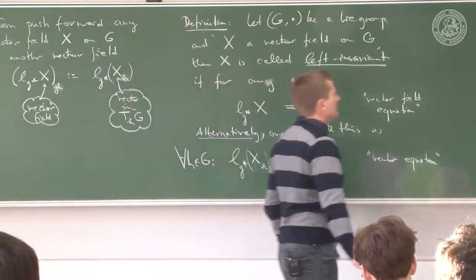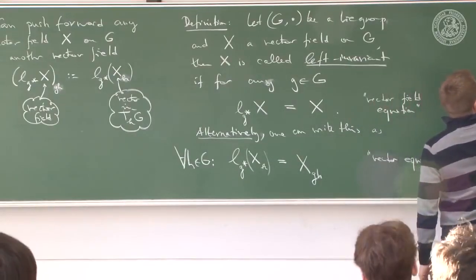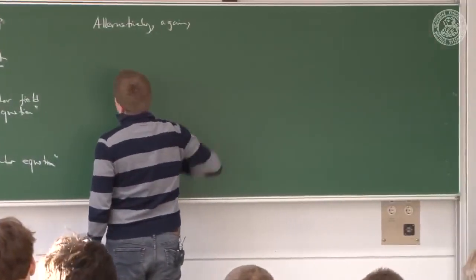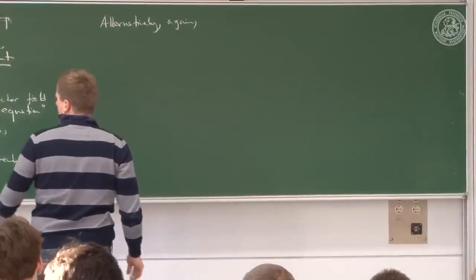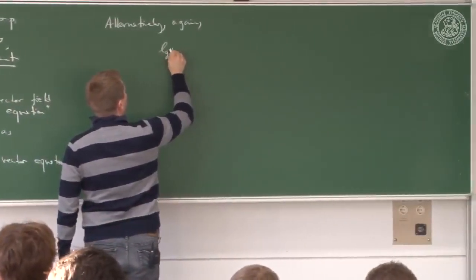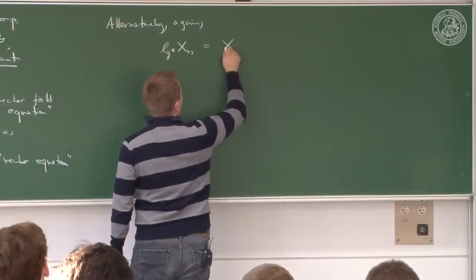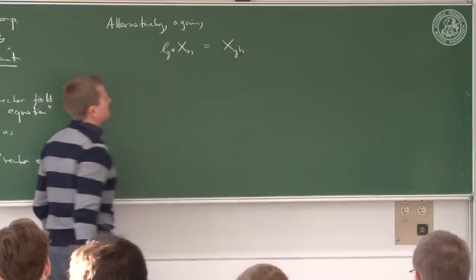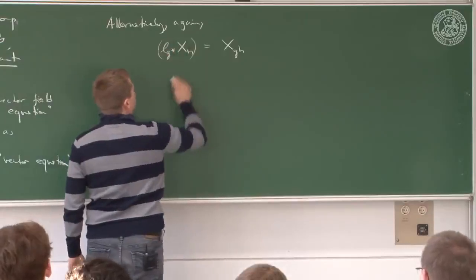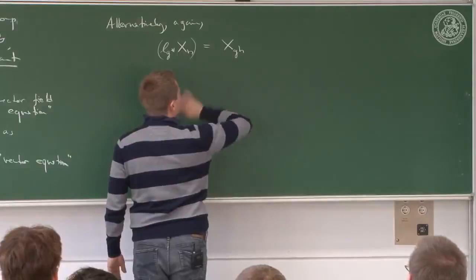That's very useful. And there's yet another reformulation. One can write it as follows. So we start from here. We take the push forward of the vector field at the point h, and we know that ought to be the vector field at gh. Now, this here is again a vector at gh, and this is also a vector at gh, makes perfect sense.